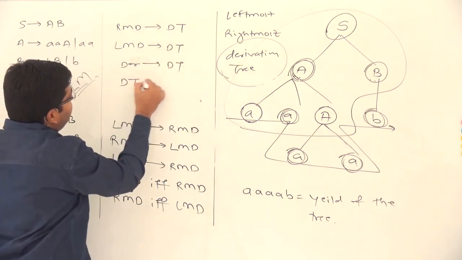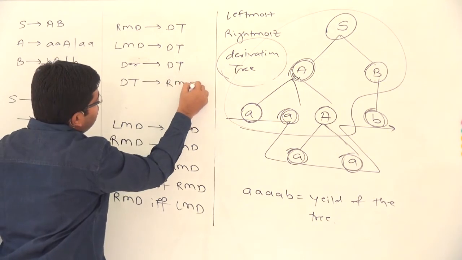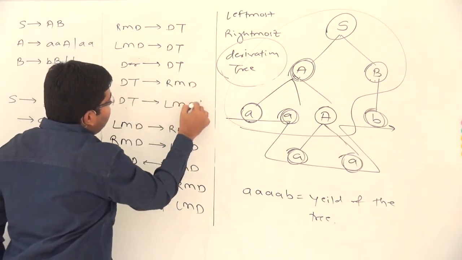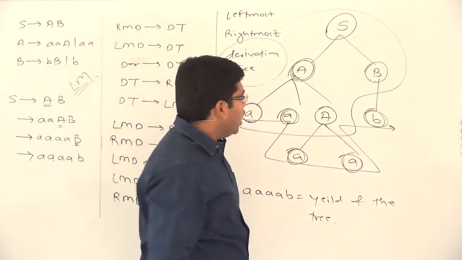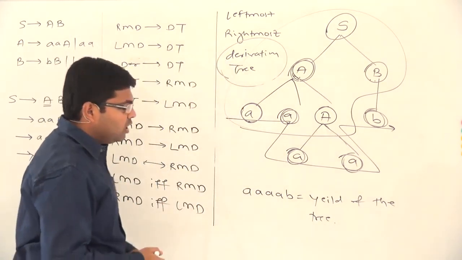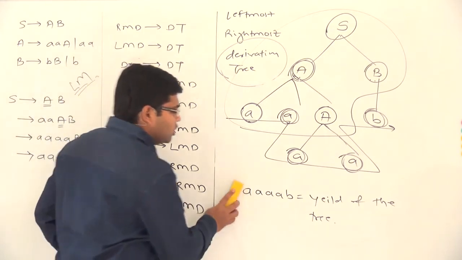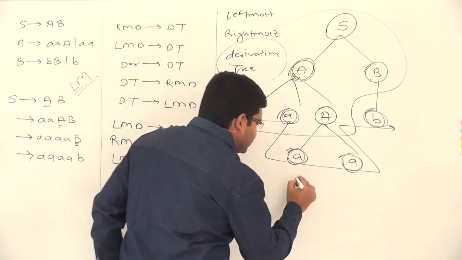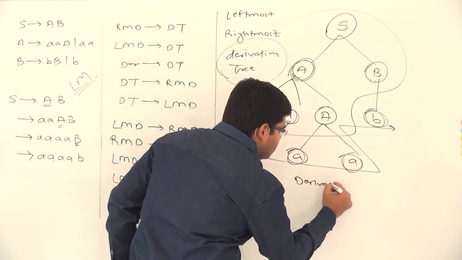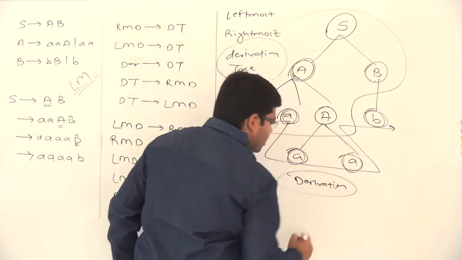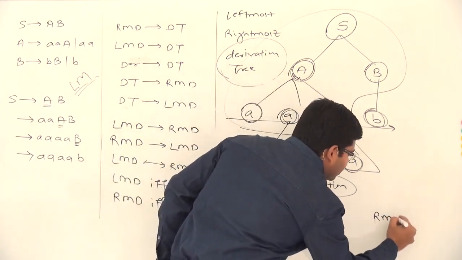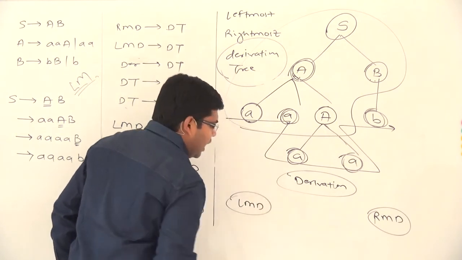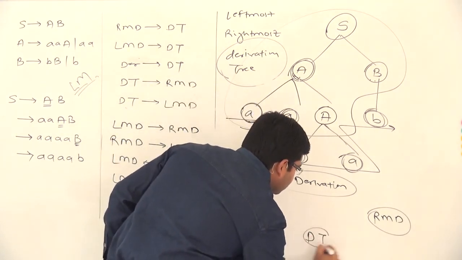Similarly, given a derivation tree, you can obtain rightmost derivation. Similarly, given a derivation tree, you can obtain leftmost derivation. So all these three things are equivalent, and I mean to say it goes like this. If there is a derivation, then there will also be a rightmost derivation, there will also be a leftmost derivation, and there will also be a derivation tree.